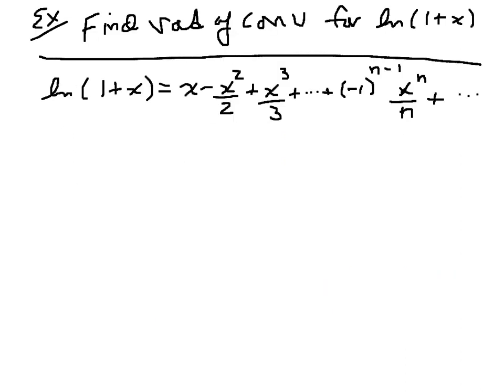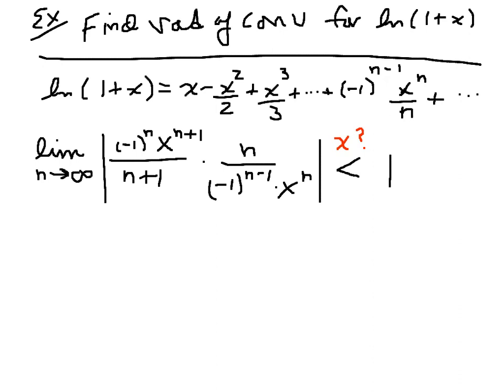Okay, as one final example, let's go about and find the radius of convergence for the Maclaurin series for ln of 1 plus x. Now, we've seen already that that series is equal to this. So we'll proceed as we have in the past. So here's our statement that we're looking for.